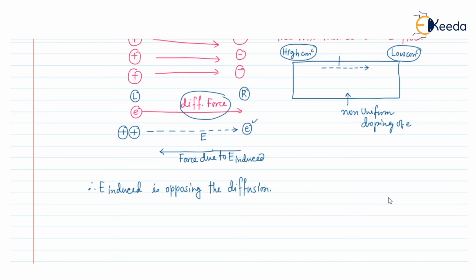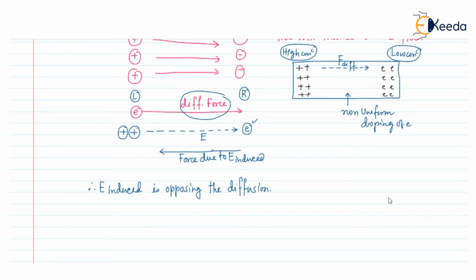So I am writing it as F diffusion. When the diffusion of the electrons started, positively charged donor ions will be left behind in the high concentration region and electrons will be here. So there will be a separation of charges.